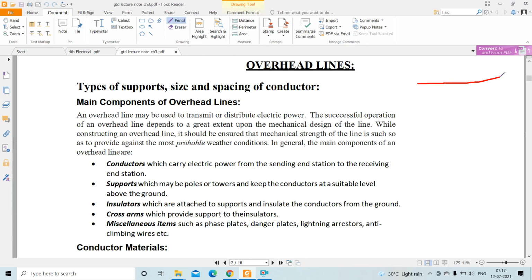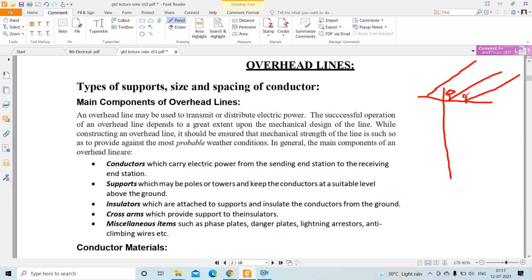See, if this is a conductor and this is another conductor, this is another conductor. This is a pole, and these are the three conductors. The structure is like this.